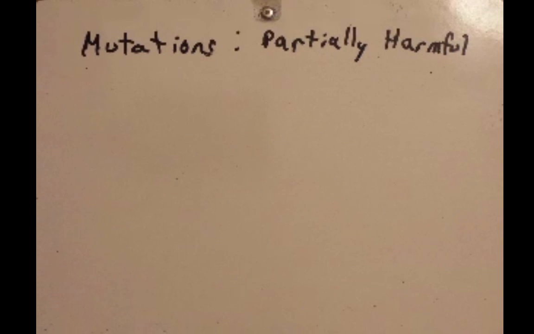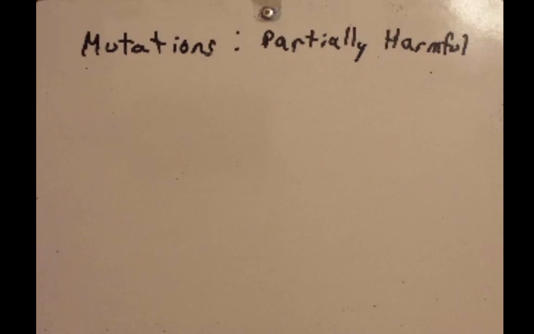But what we want to ask now is, why do we maintain in our genomes mutations that are potentially or partially harmful? We might think that these mutations, which are harmful, or have the potential to be harmful, might be removed throughout the evolutionary process.